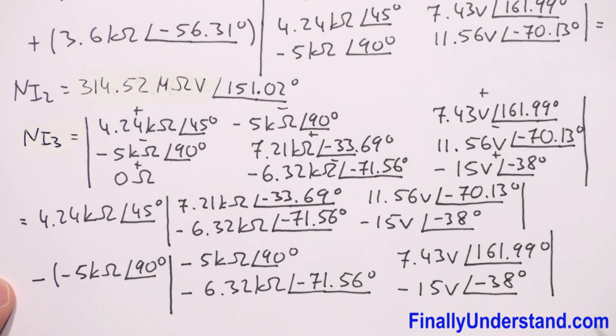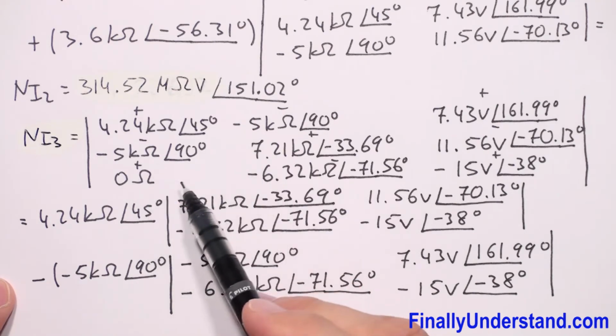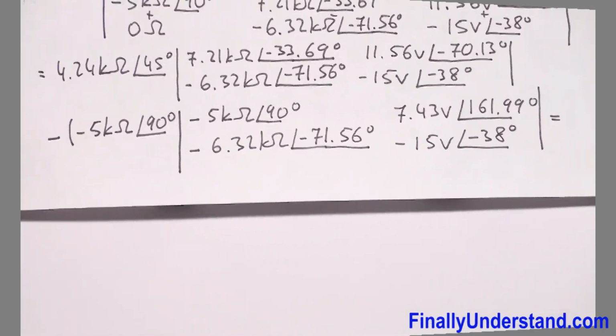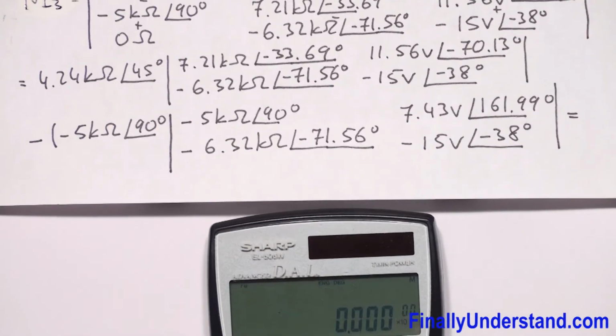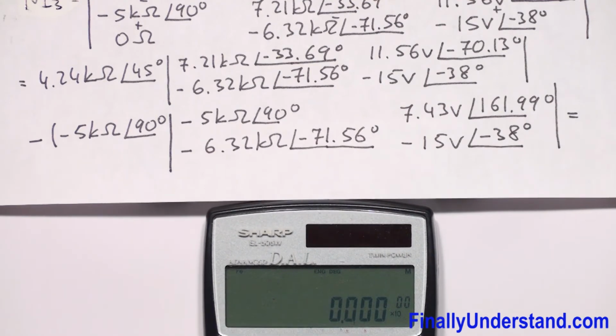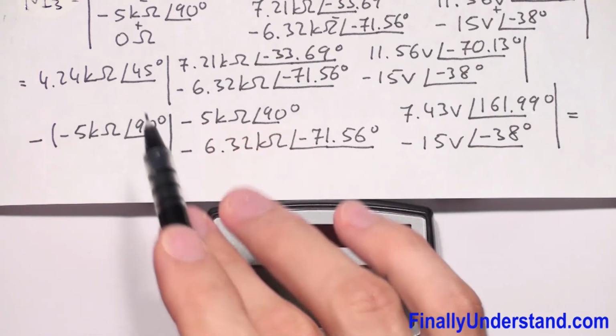Okay, and I'm supposed to look at what I have down. I have 0, and 0 times anything will give me 0. That's why I'm not going to write it. Now we're supposed to use the calculator to find the value of Ni3. So I have 4.24 kilo ohms and angle of 45 degrees.